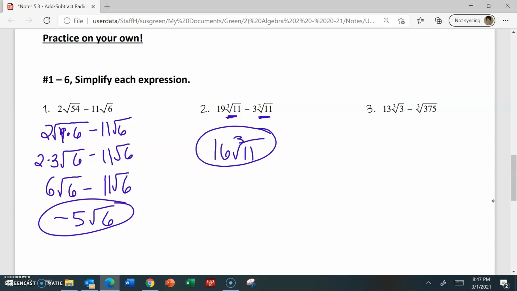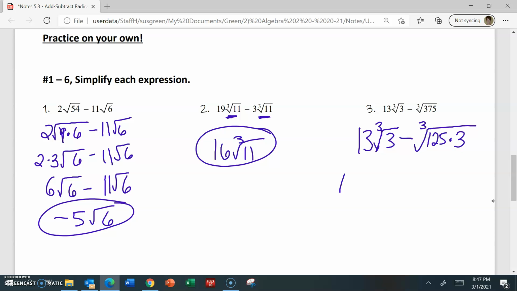Number 3. We have 13 times the cube root of 3. And we need to simplify this. So you need to ask yourself, what cube root number goes into 375? Well, if you did this right, that would be 125, and then that went in 3 times.